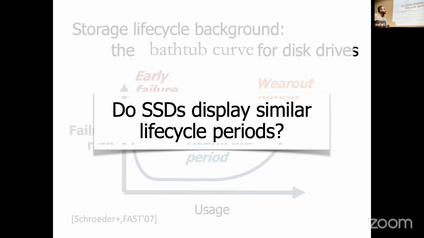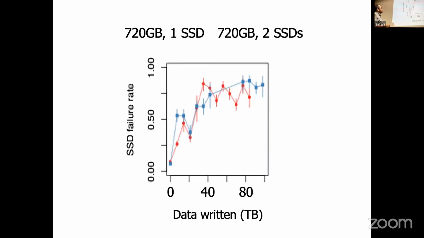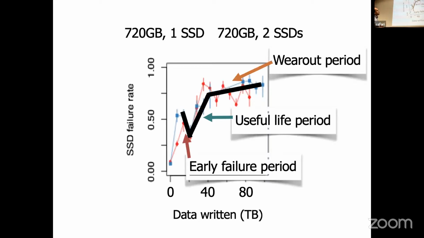So the question that we had is: do SSDs display similar life cycle periods? We use the data written to flash to examine the SSD life cycle. We use this time-independent utilization metric. I'm not going to explain it in detail because it needs more background information about the paper, but you can check the paper. So this is the result that we observed.